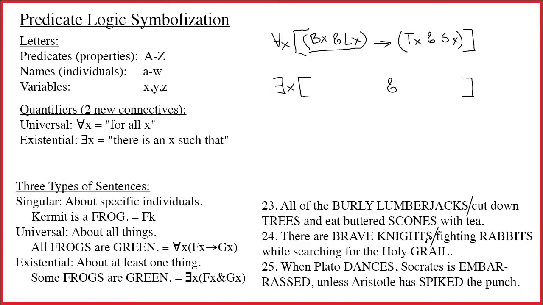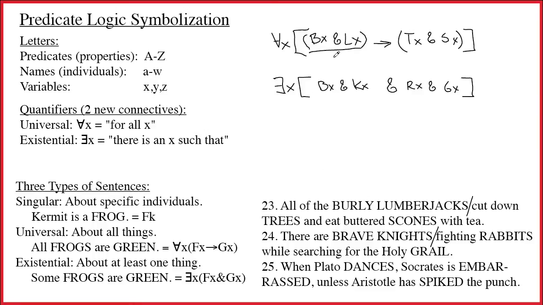The subject here is brave knights. And so this is going to be BX, ampersand, KX. And then afterwards, we have fighting rabbits. That would be RX. While searching. While, of course, is a synonym for and so it's just saying and searching for the Holy Grail.